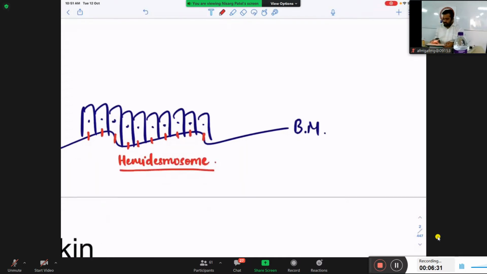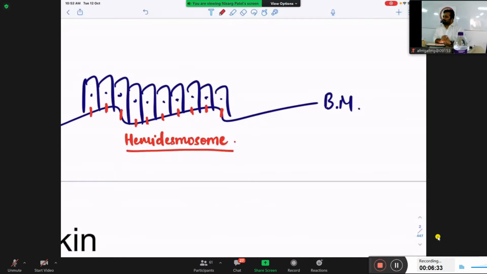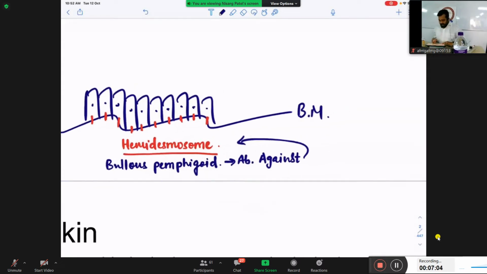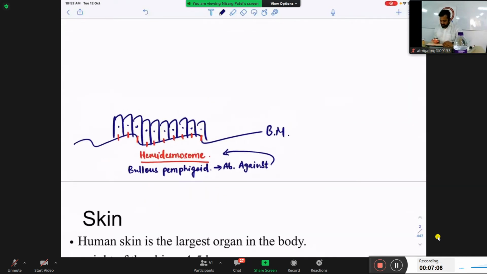So in which disease are antibodies formed against hemidesmosome? Bullous pemphigoid. So remember this important disease, bullous pemphigoid. You will see antibody against the hemidesmosome.